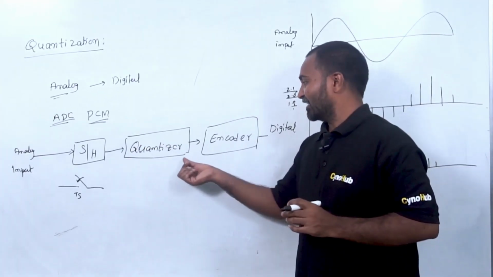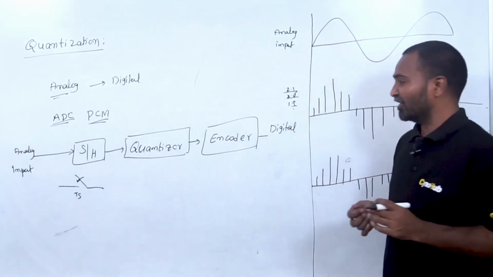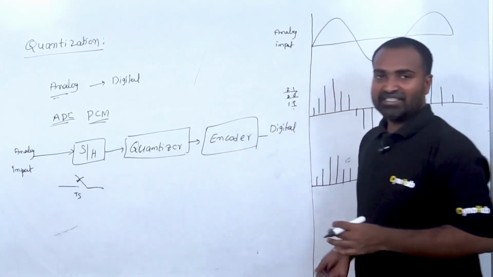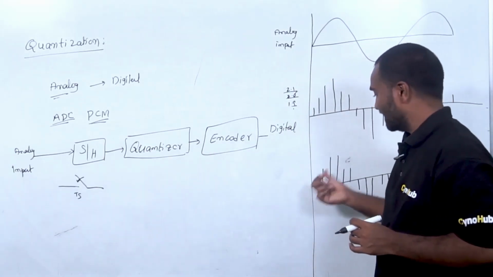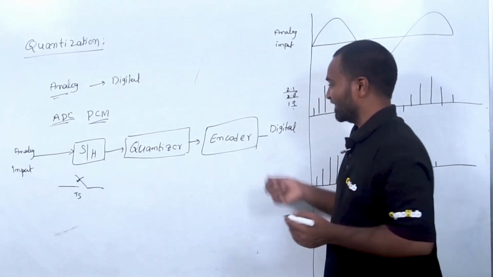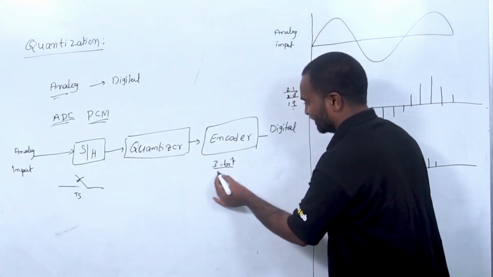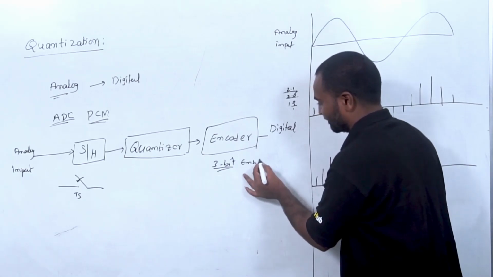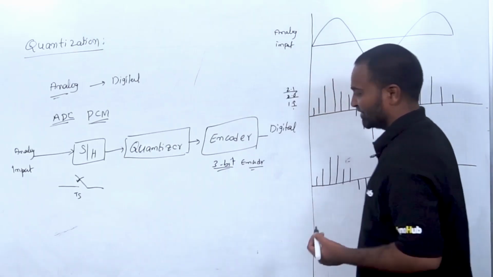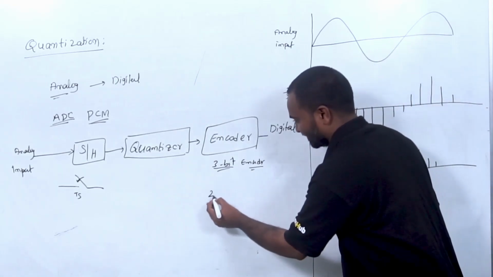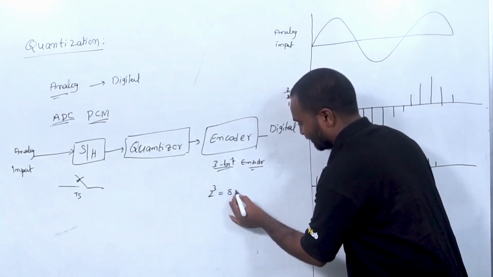Next one is the encoder. The encoder generates the corresponding digital data for each sample. For example, if you consider a 3-bit encoder, it generates 2 power 3 possibilities, which means 8 possibilities.